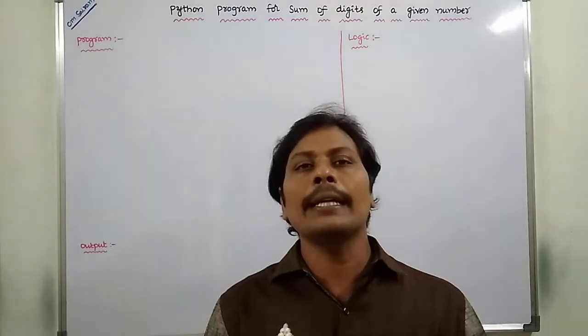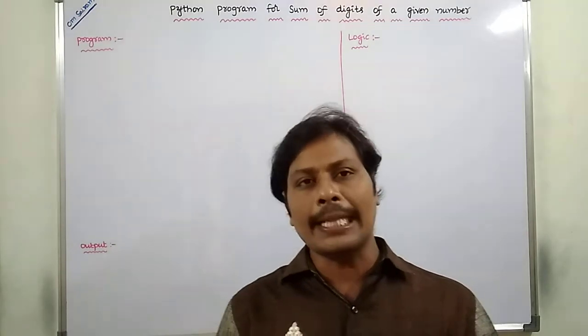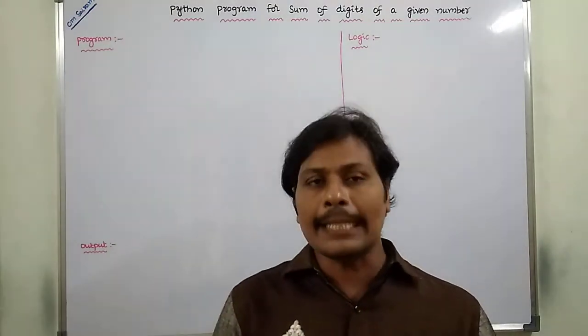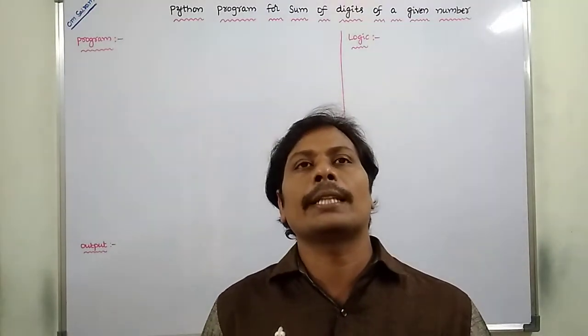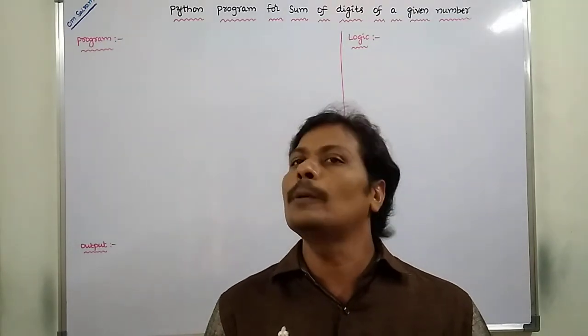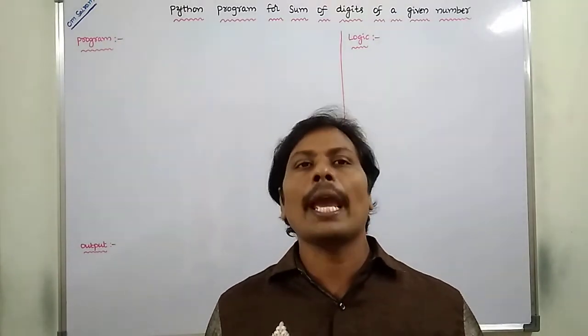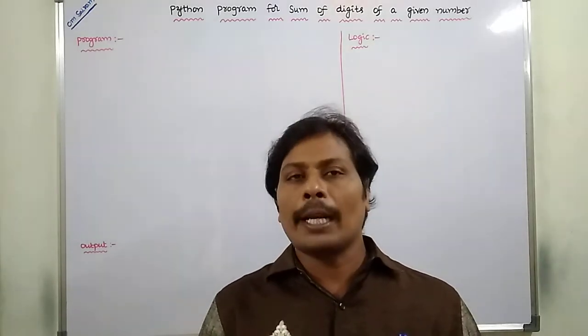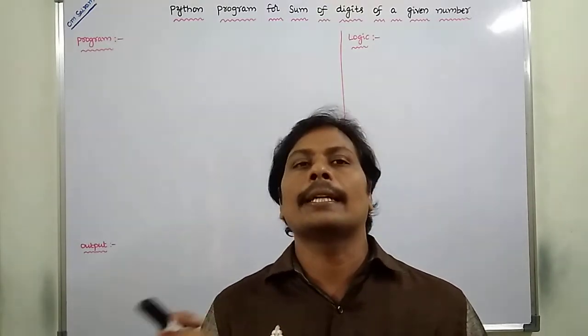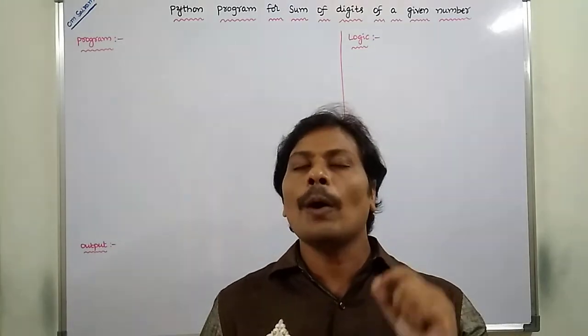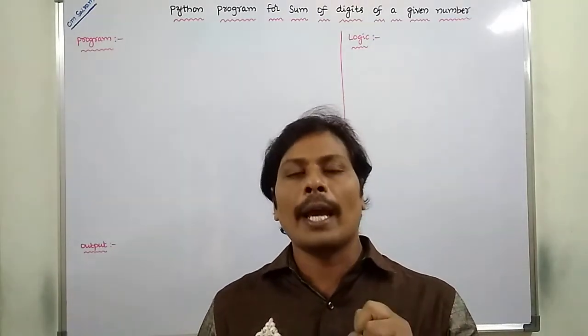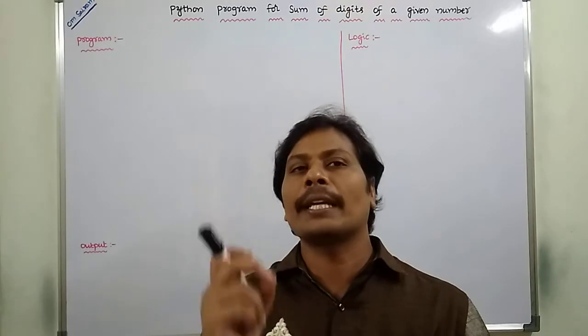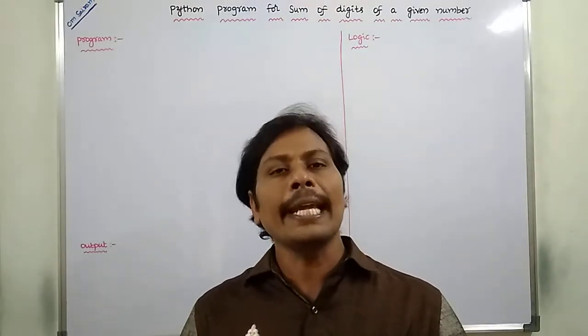Now n is equal to 123. What are the digits in 123? 1, 2, 3. Now we have to sum the digits, that means 1 plus 2 plus 3, that is 6. So our output is 6 from the given number 123.